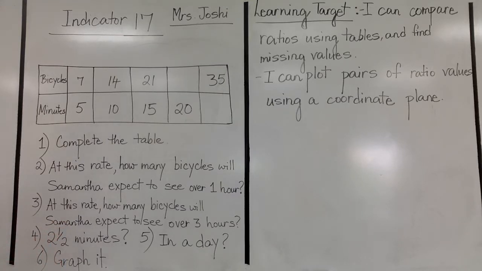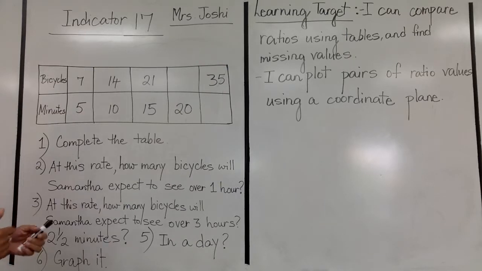So using this rate, she made a partially complete ratio table to show the relationship between time and number of bicycles. The first thing to do is to complete the table.